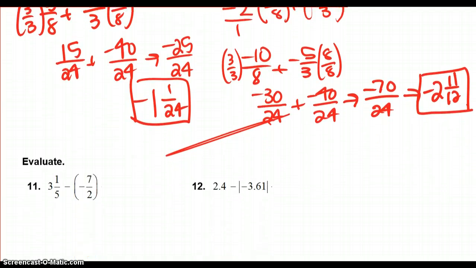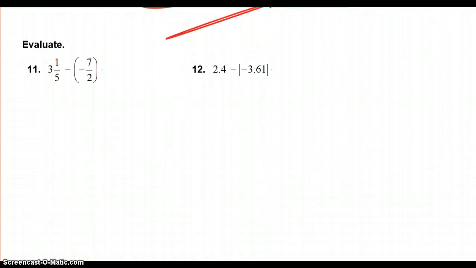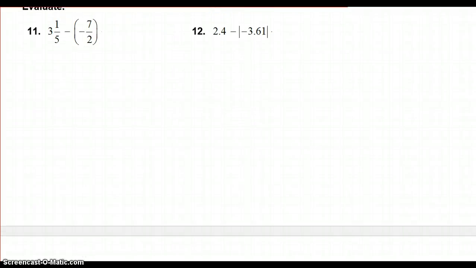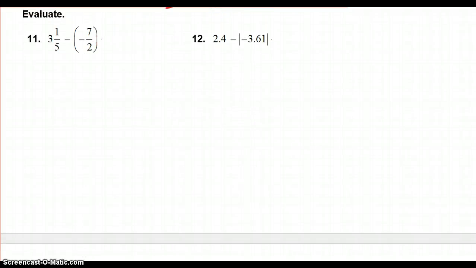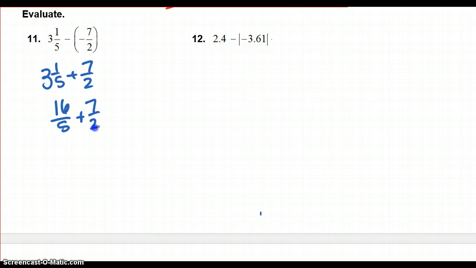Number 11, subtracting fractions. Remember, when you're subtracting fractions, you're really adding the opposite. Okay, so this one would be 3 1/5 plus 7 over 2. I need to change this into an improper fraction, so I get 16 over 5 plus 7 over 2. My common denominator is going to be 10, so I need to multiply this one by 5, this fraction by 2.